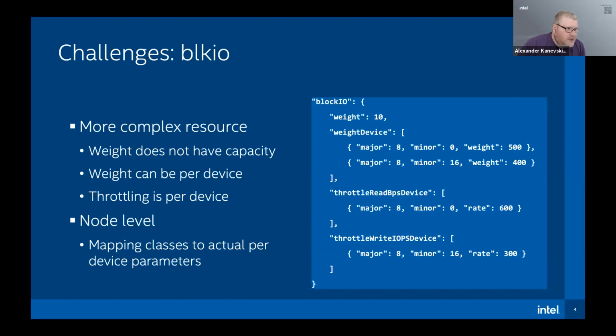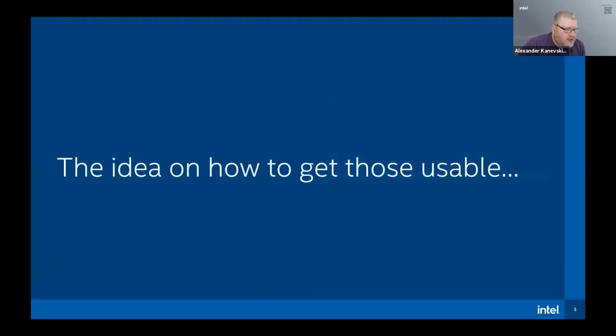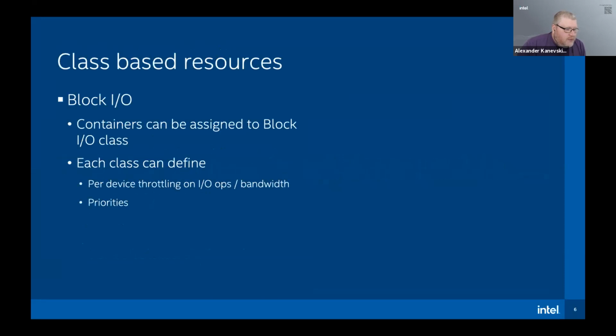When we looked at all of those, we started to think about how we can make them more usable. We came to the idea of declaring those resources as classes. By classes, we mean a set of parameters which describe particular properties.